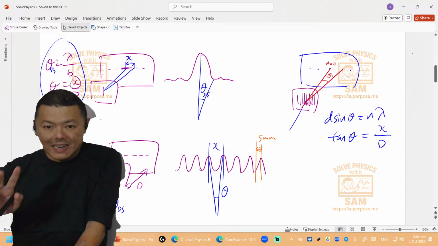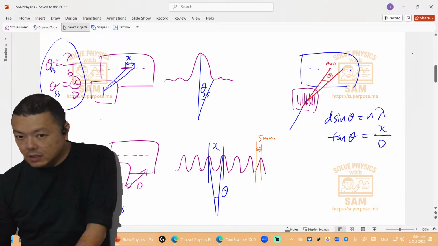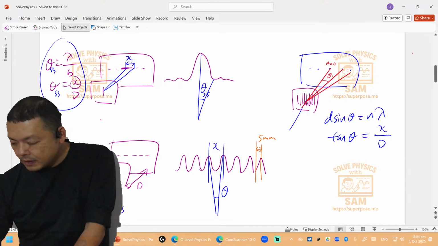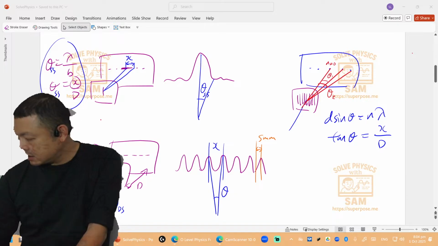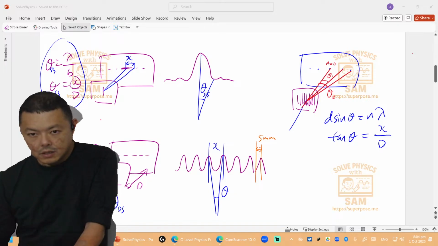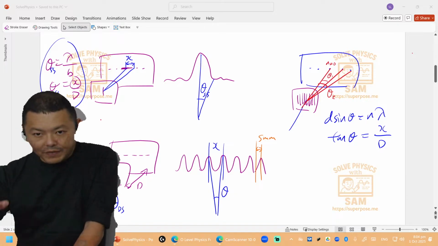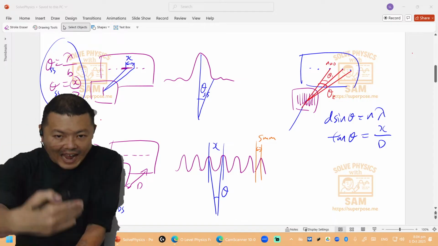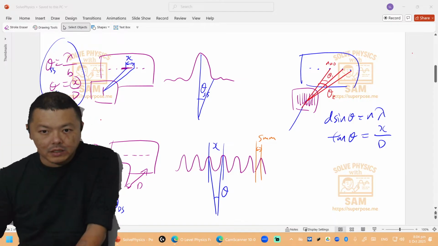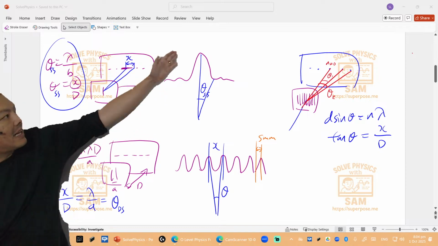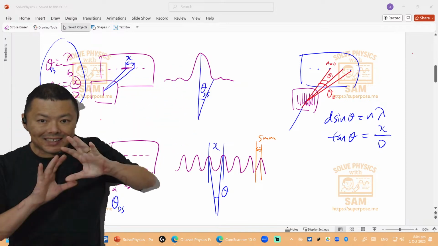But if I want to look at the second order, the angle is from central max to the second order. So for diffraction grating, it is from the center to the nth maxima that you're looking at. Single slit: center to first minima, nothing else.